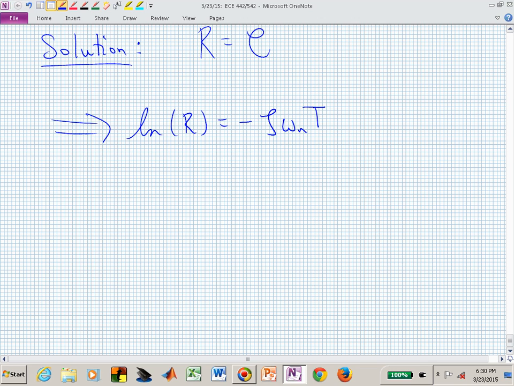We need to keep zeta and r alive in our expression. Let's now solve for the natural frequency times the sampling period. This is minus natural log of r over zeta, solving for omega sub n t.